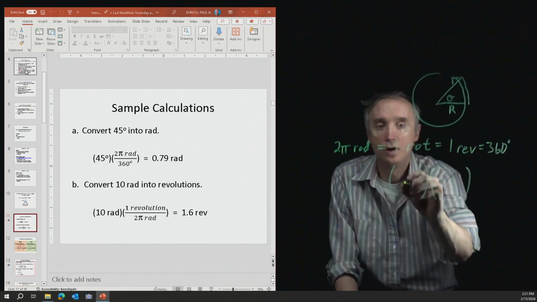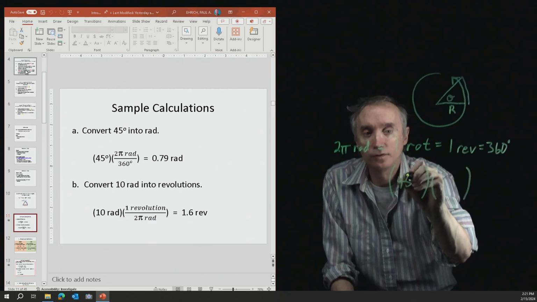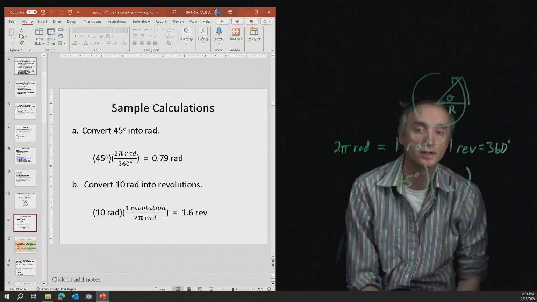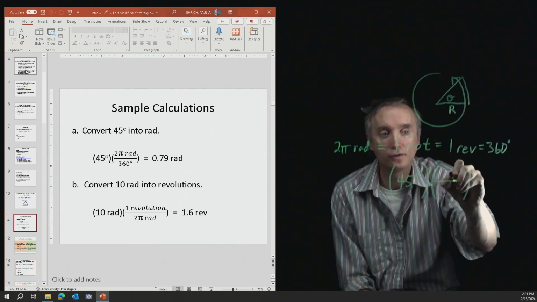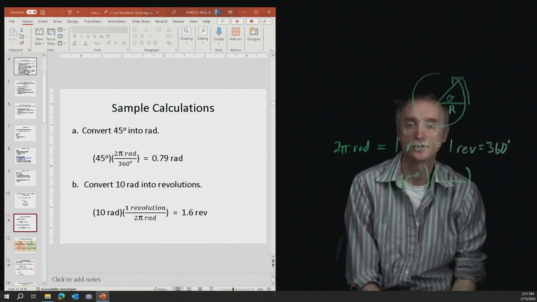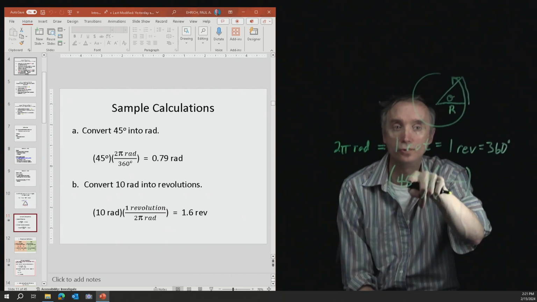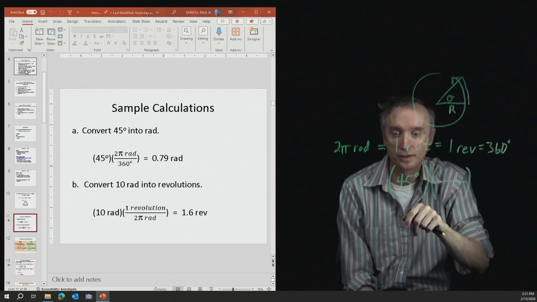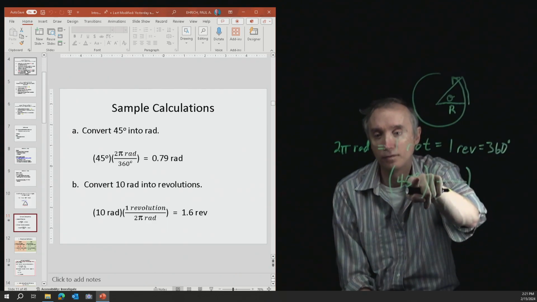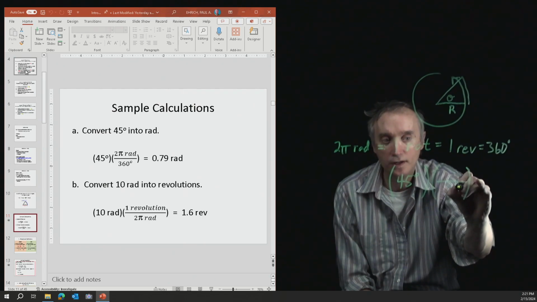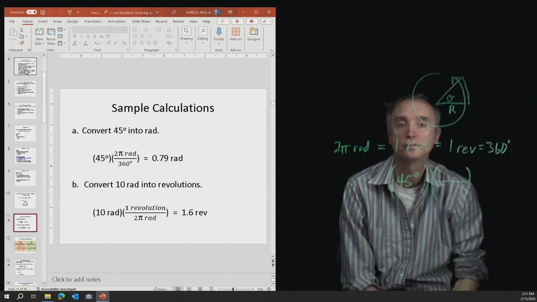So we know 45 degrees. And in the second set of parentheses, this is going to be our conversion factor. So we want to go from 45 degrees to radians. Now we want to get rid of the word degree, so we're going to put the degree down here in the bottom part of the fraction.